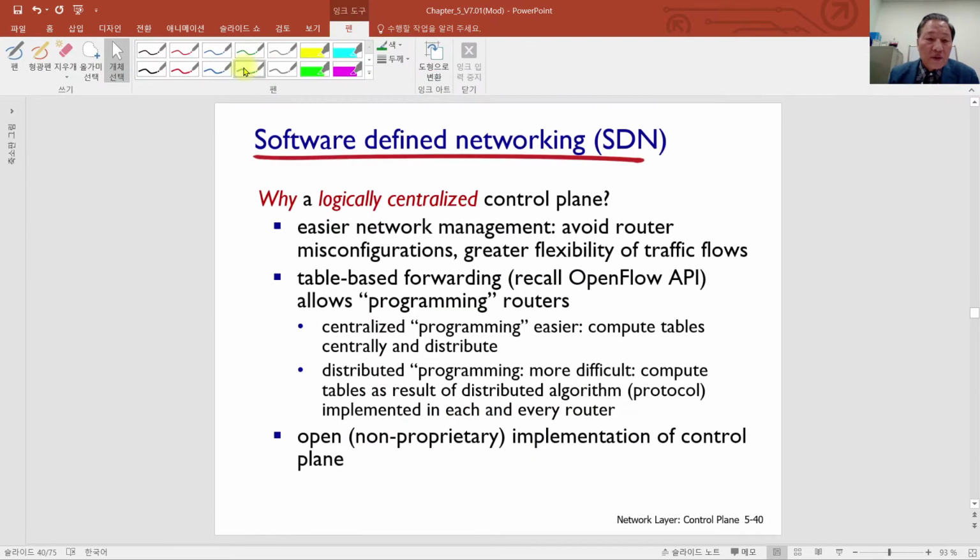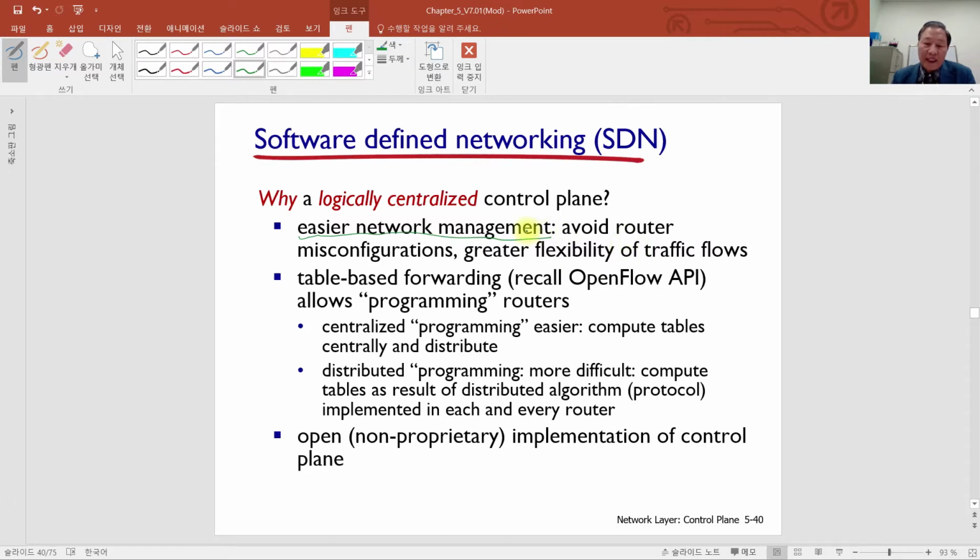Okay, let's look at software-defined networking in more detailed information. Why do we need a logically centralized control plane? It gives easier network management, and we can avoid router misconfigurations, and it provides greater flexibility of traffic flows.